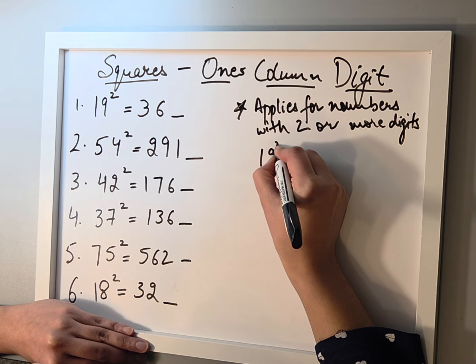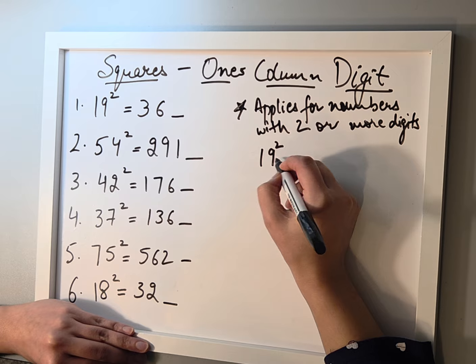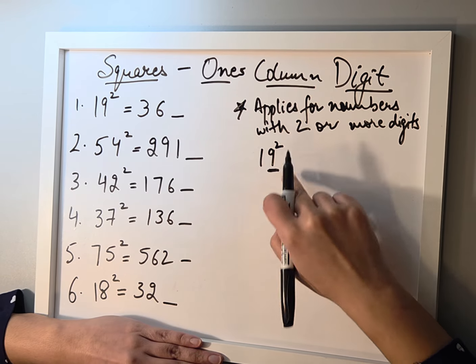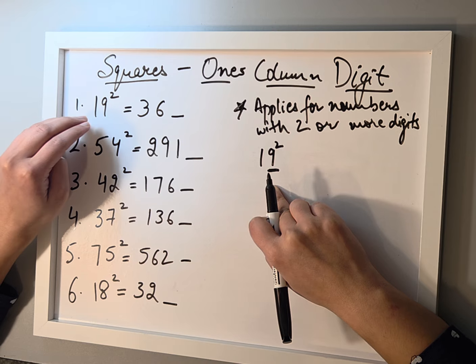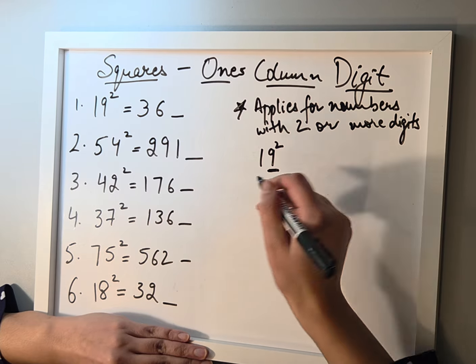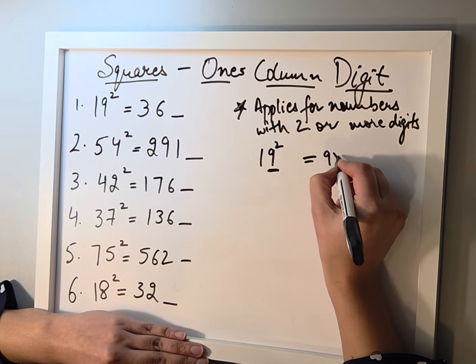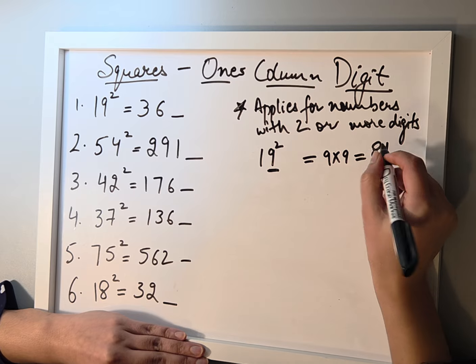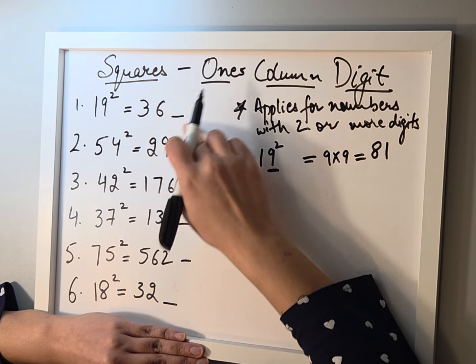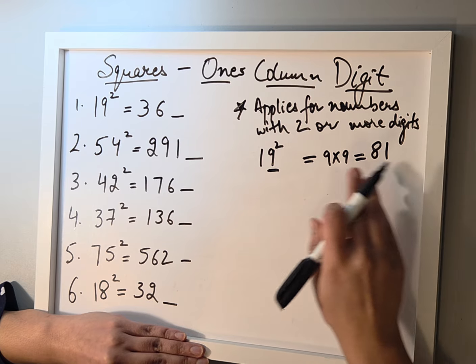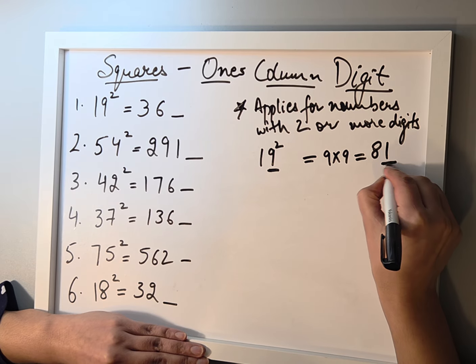You have to square just the unit digit, the ones column digit of the number. Here we are looking for 19 square, so we'll just focus on the ones column. 9 square, that is 9 into 9, that is 81. Because we have space for just one digit but we got two, in the answer we just have to look for the units digit.